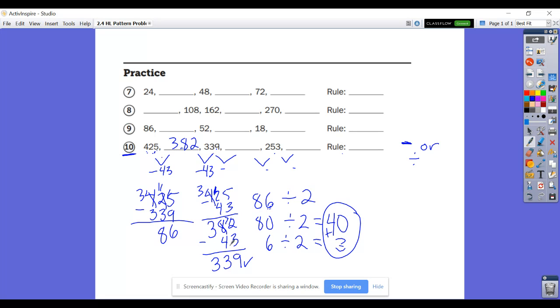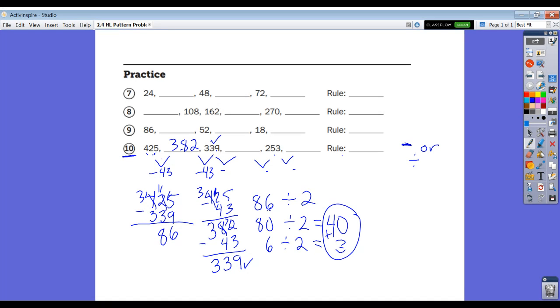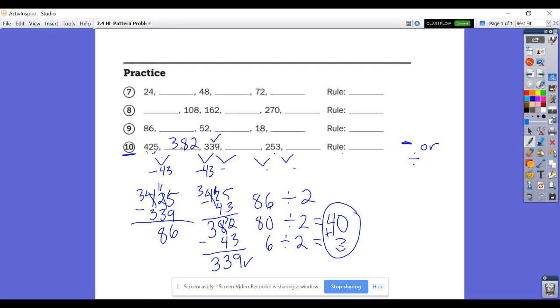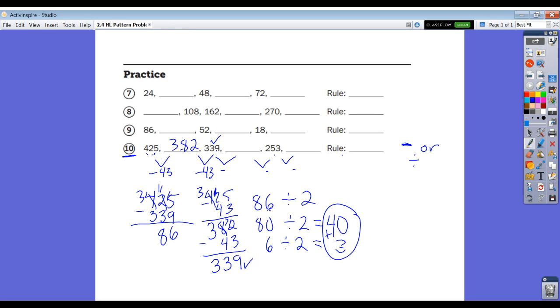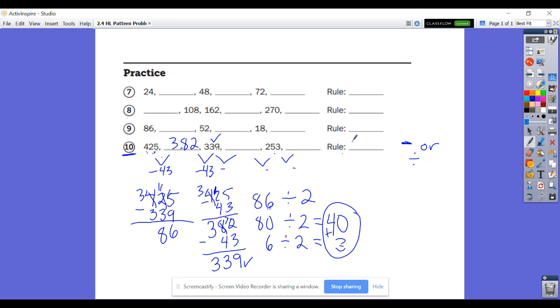Cha-ching! This got me to 339, which was what I'm hoping for. I think we're on to something, that minus 43 is our pattern. Now that we've given you that nice helpful hint, I think my rule is minus 43. Now I need you to go confirm. Keep going using that rule and make sure it matches the rest of the way.